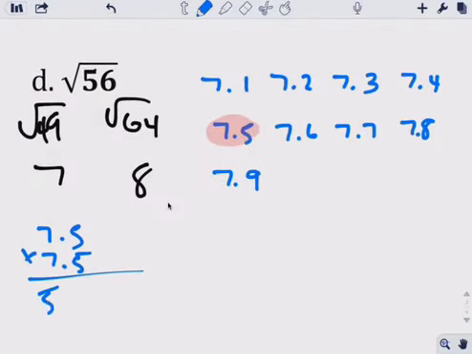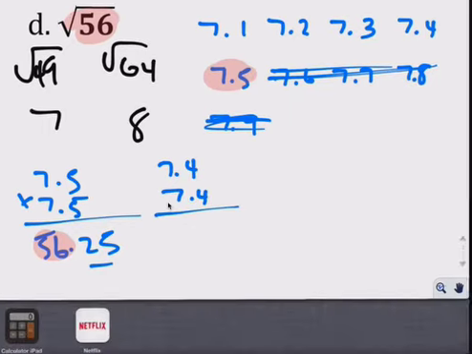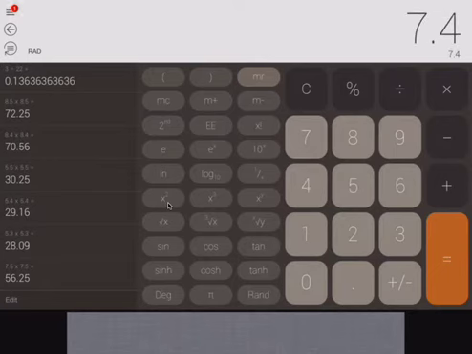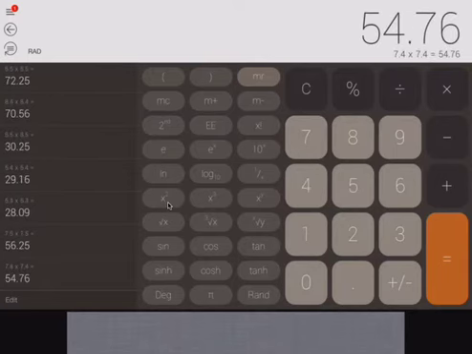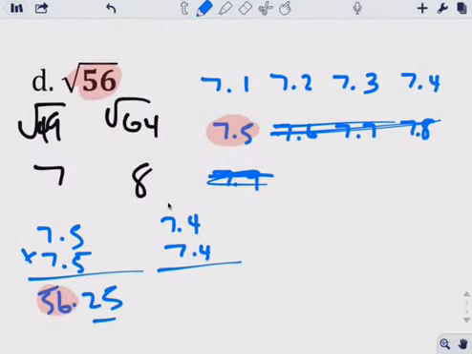Okay, 56.25. Hey, that's very close to 56. I bet you 7.5 is it. It's more than 56, so we know it's not higher. Been choosing the lower numbers. Okay, so let's try 7.4. 7.4 times 7.4 equals 54.76.